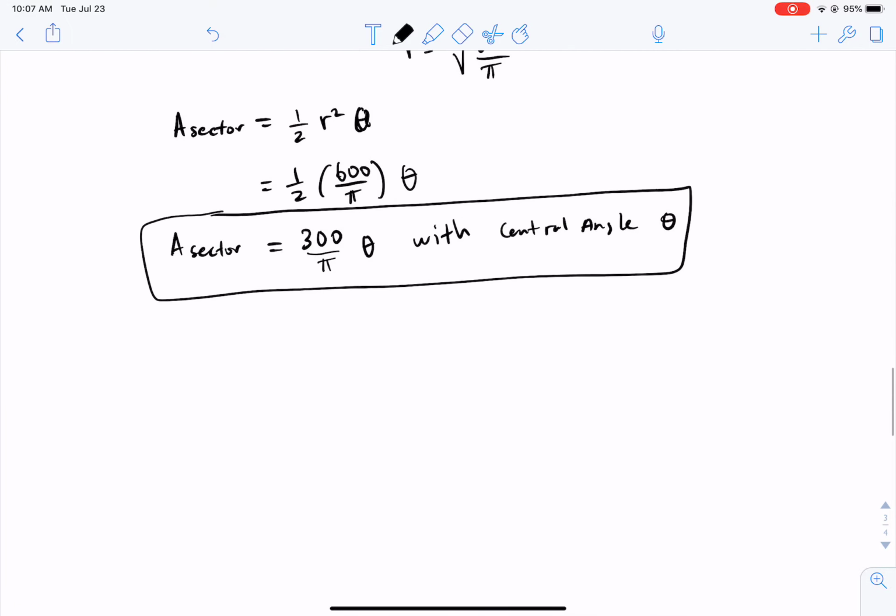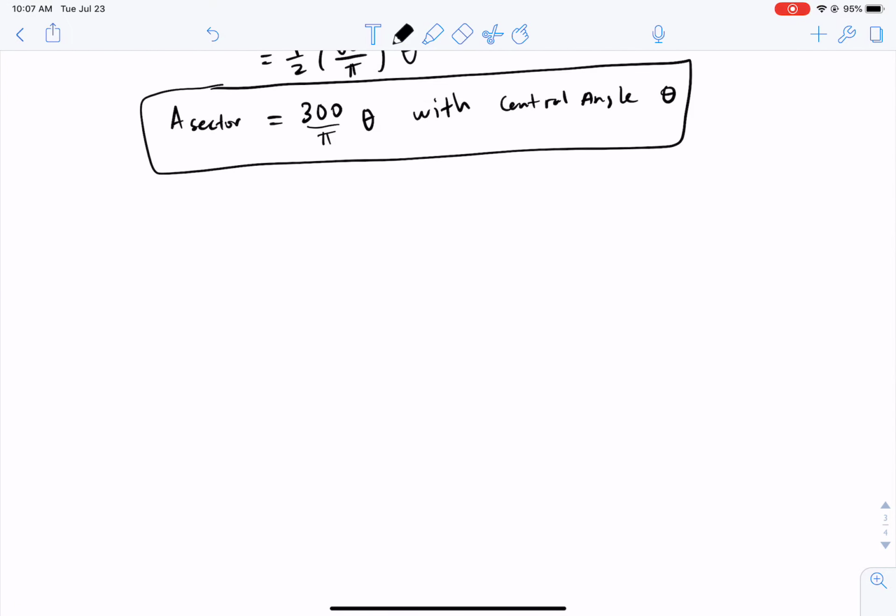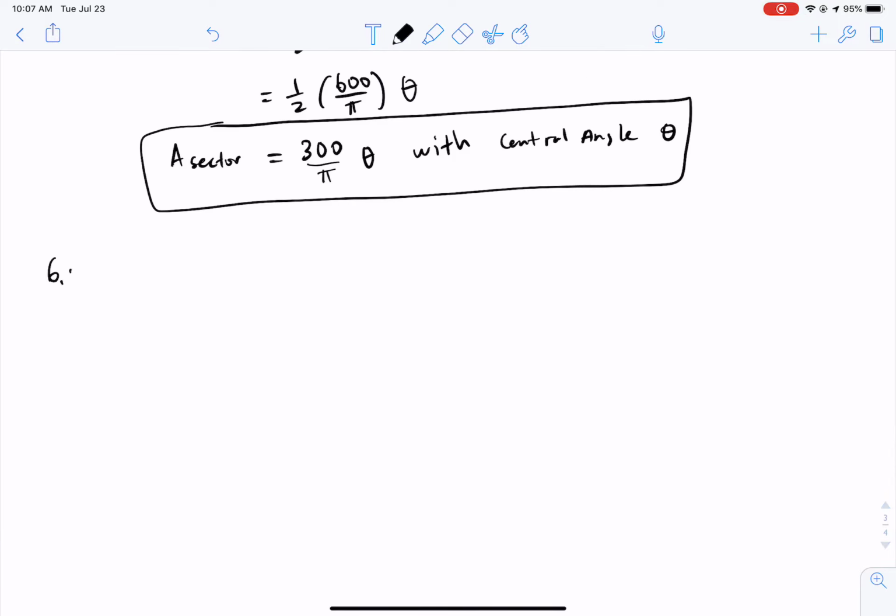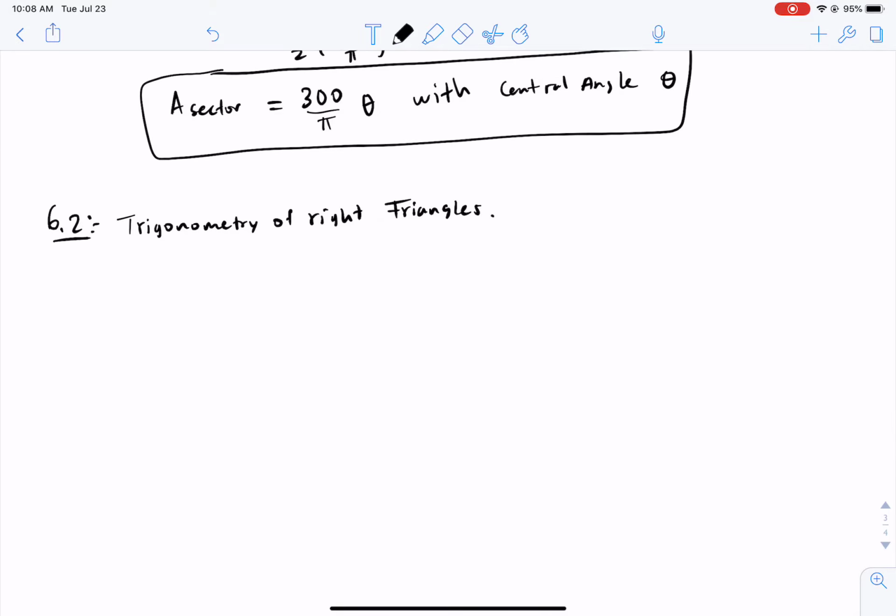Okay, so for section 6.2, this section is called trigonometry of right triangles. Imagine I give you a right triangle.